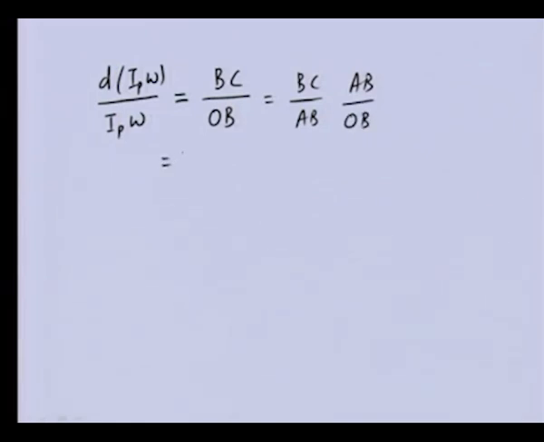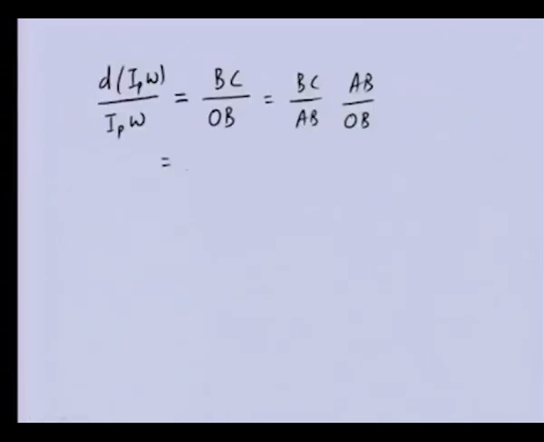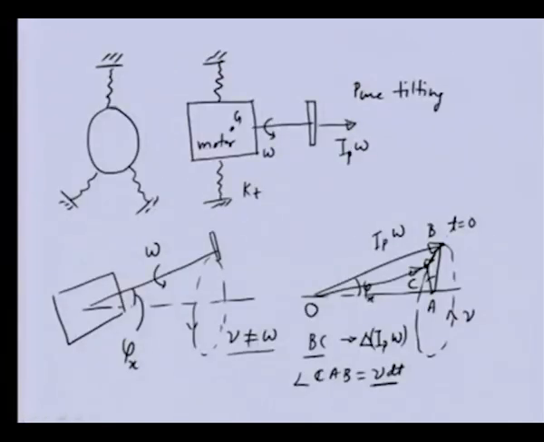BC by AB is nothing but this angle nu dt, and AB by OB in the previous figure is the phi x angle.